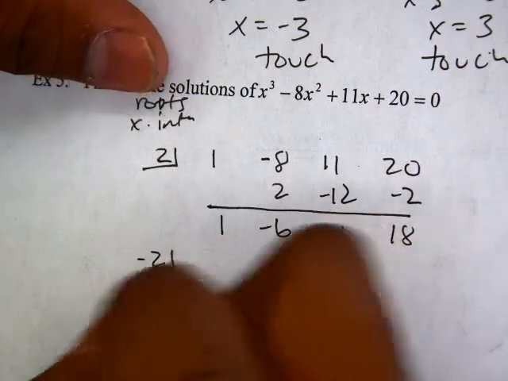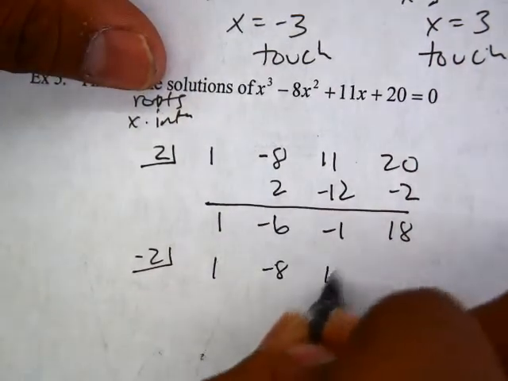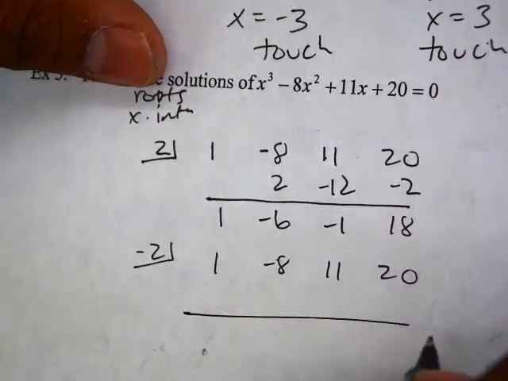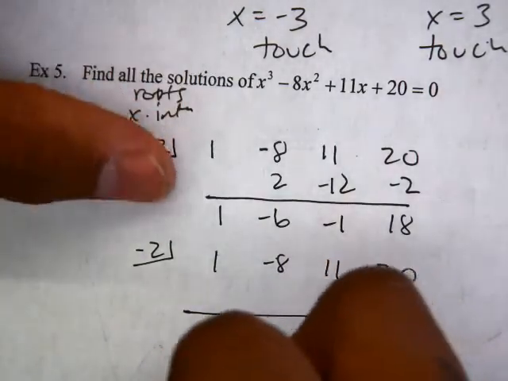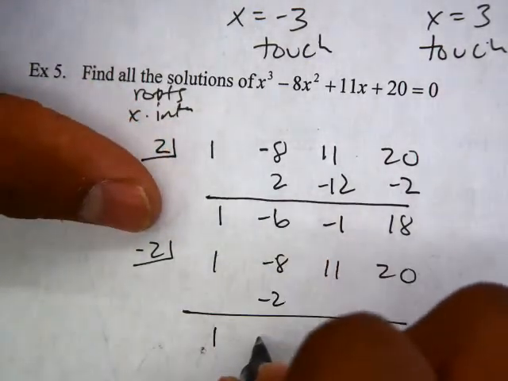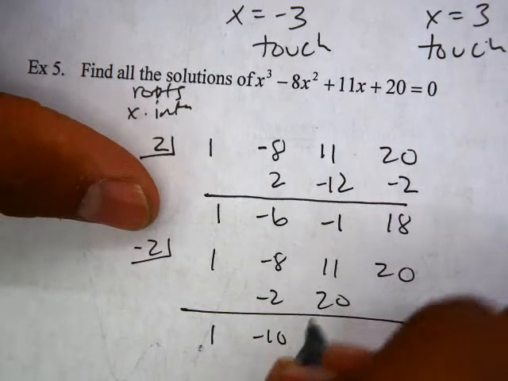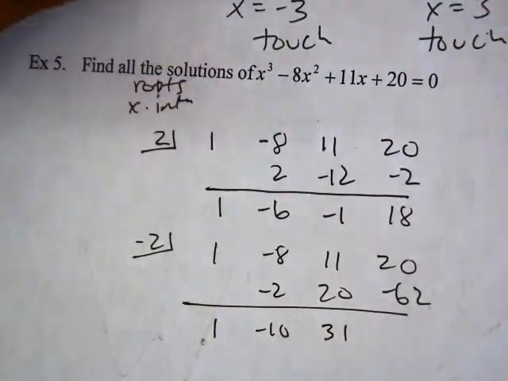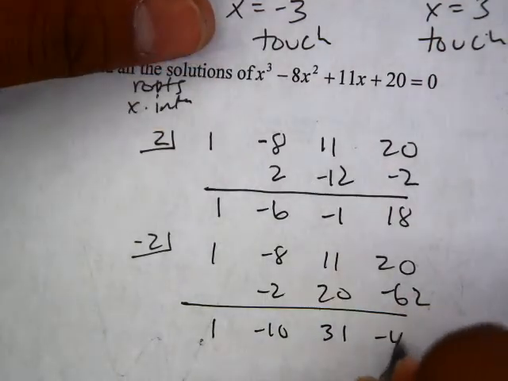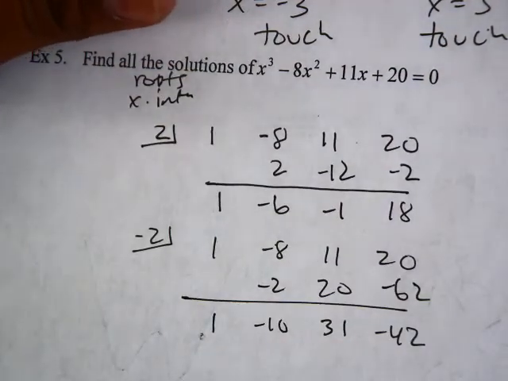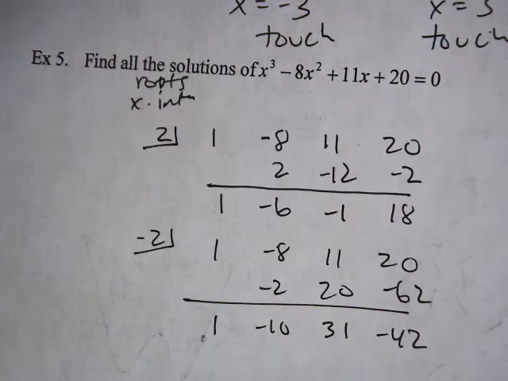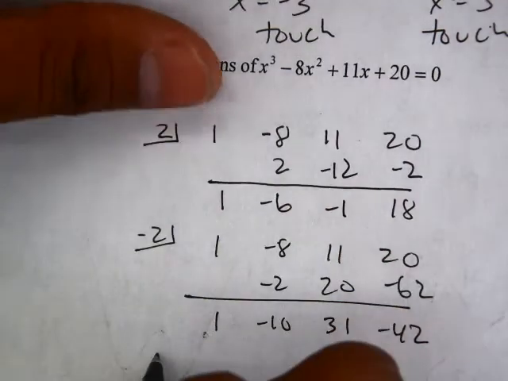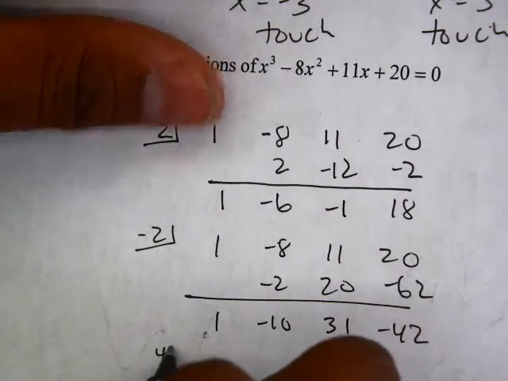Let's try -2. So bring down the 1, that's -2, that's -10, that's 20, that's 31, that's -62. I can already tell that's not a factor either. Okay, so let's think of another number that will multiply to 20. Let's try 4, because 4 times 5 is 20.